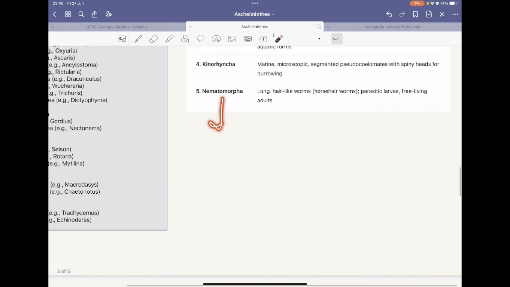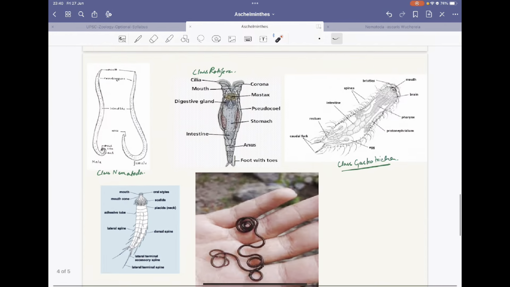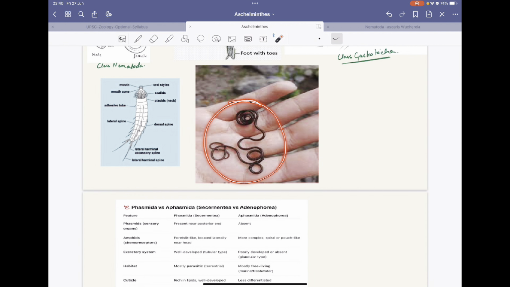You must have seen some videos on YouTube or Instagram. You will see there is a grasshopper, and when they put this grasshopper in water, you see a long thread-like worm coming out of the grasshopper. So this is that worm. This is class Nematomorpha.